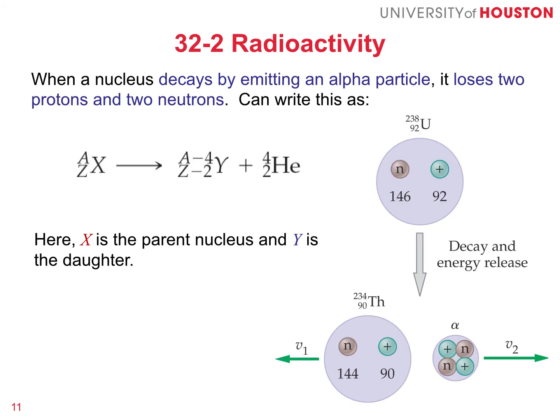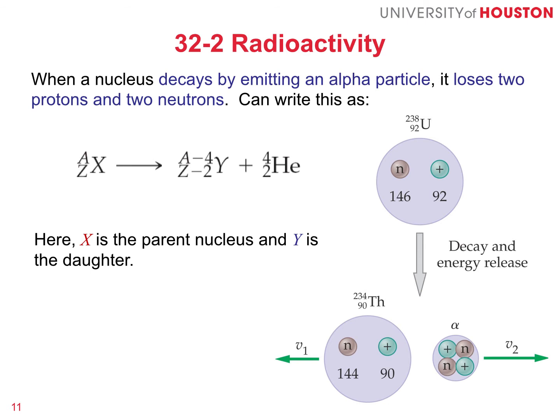When a nucleus decays by emitting an alpha particle, it loses 2 neutrons and 2 protons in the process. We can write our element on the left-hand side, where A is the mass number and Z is the atomic number and X is the type of atom. Upon decay, we will lose 4 nucleons, which means the mass number will be reduced by the number 4, and we will lose 2 protons, which means the atomic number will be reduced by the number 2.